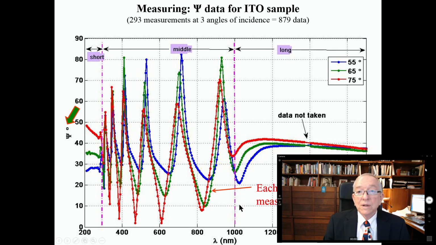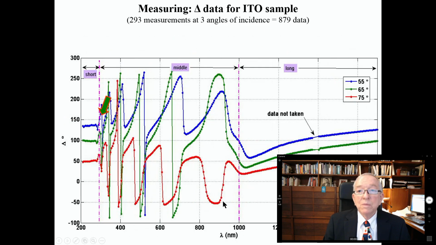Each dot represents a measurement. This is basically the same axes, a horizontal axis for wavelength of the light, and the vertical axis is the angle delta, the phase shift. If psi is bounded from 0 to 90, delta can go whatever it needs to go.